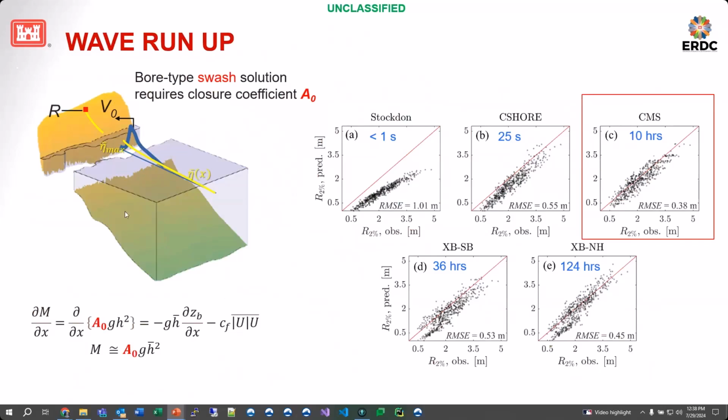Wave run-up, we're able to calculate the wave run-up using the R2% and have those add extra forcing onto the land cells or the near shore cells to be able to transport some sand in those areas that are wetting and drying and up a slope.